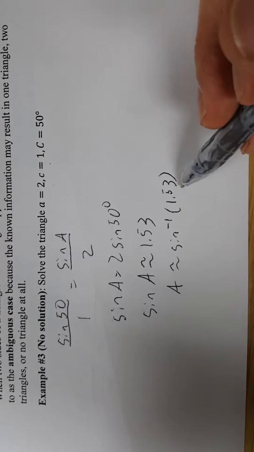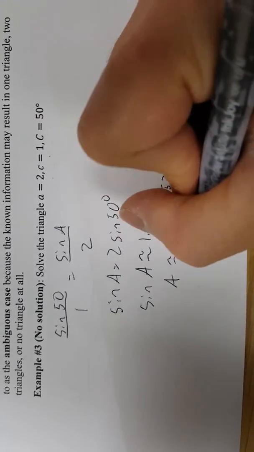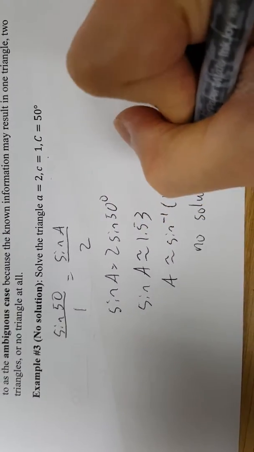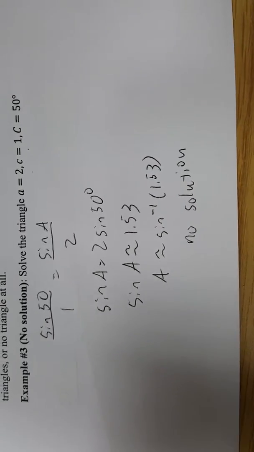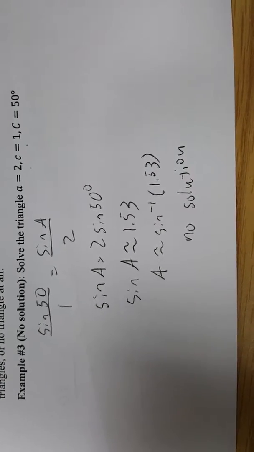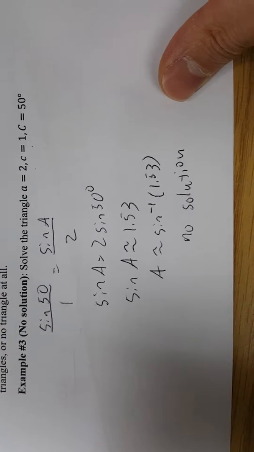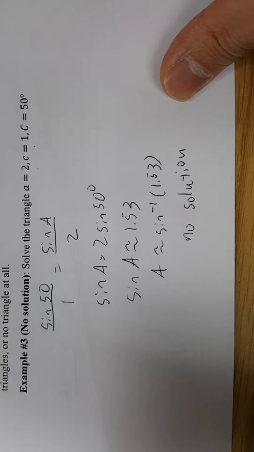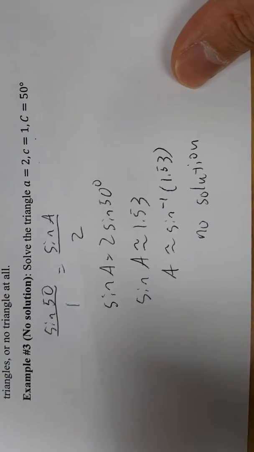Since 1.53 is over 1, this has no solution. And you could even put that in your calculator and you'll see you get an error. Okay, you should try it out. So this triangle actually does not exist.